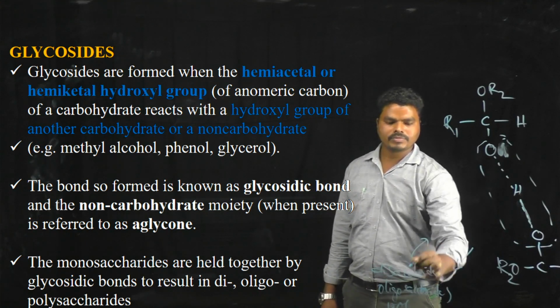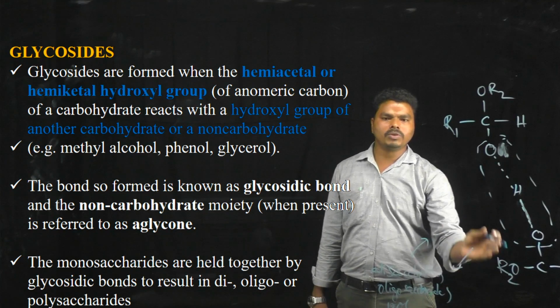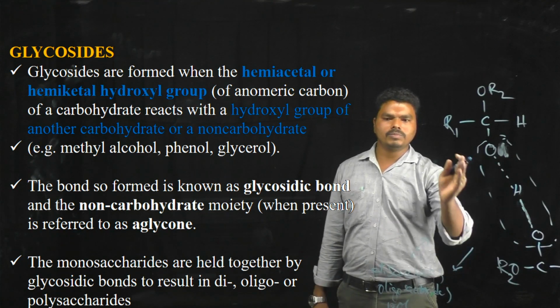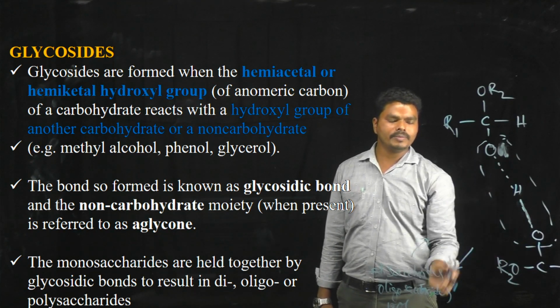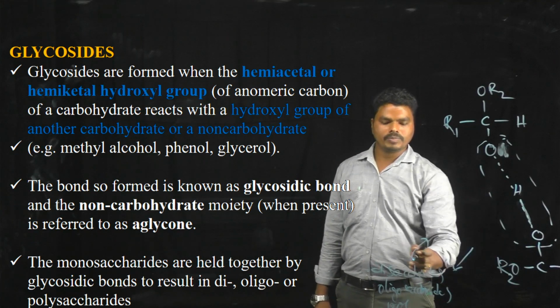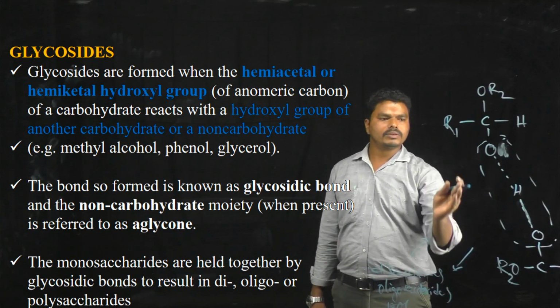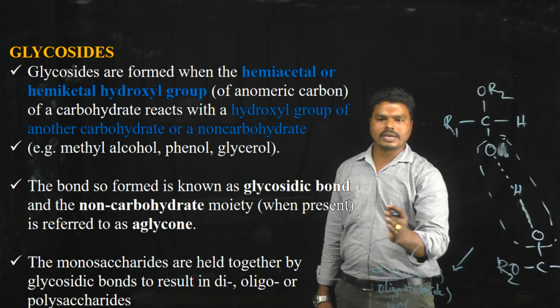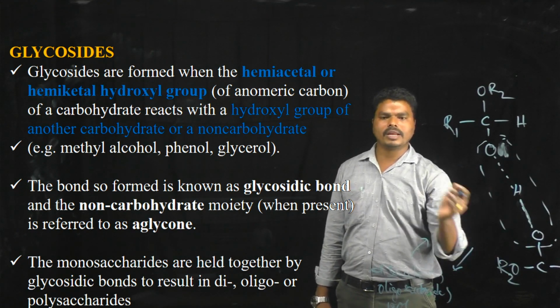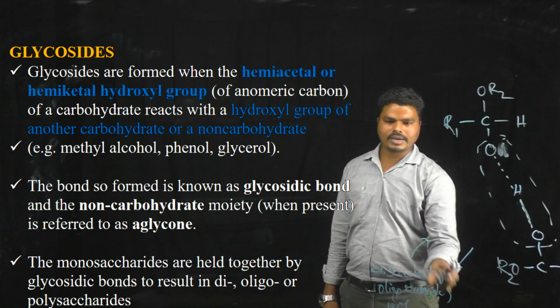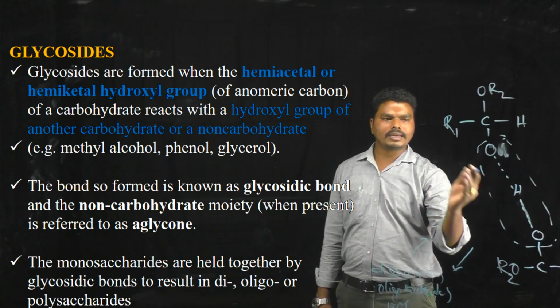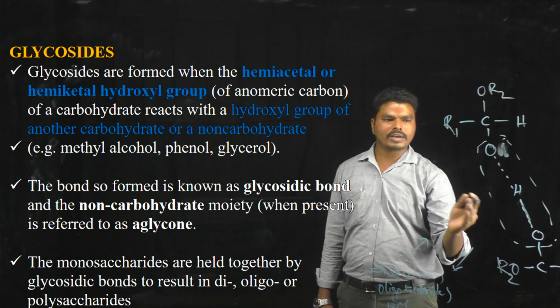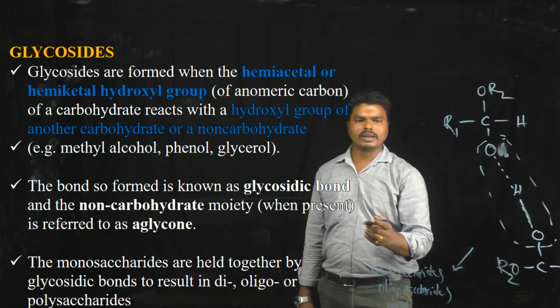Disaccharides consist of two monosaccharide units held together by the glycosidic bond. Oligosaccharide means more than 2 and less than 10 monosaccharide units held together by glycosidic bonds. Polysaccharide means more than 10 monosaccharides held together by the glycosidic bonds.